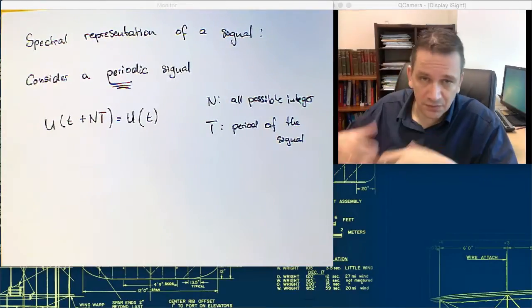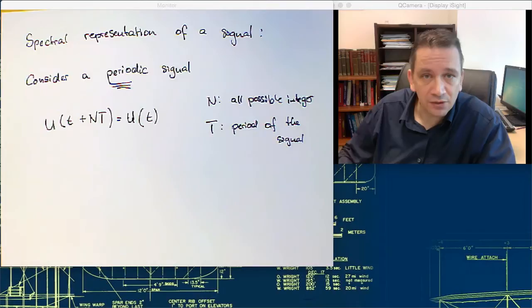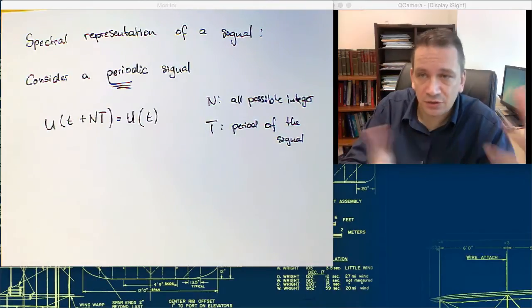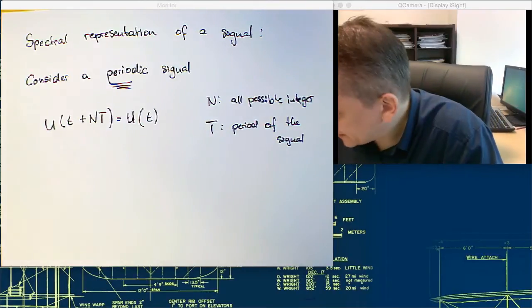So essentially the signal is periodic, so after some time it's going to repeat itself. Essentially that's what this says.